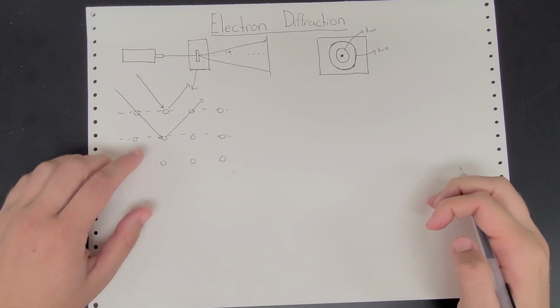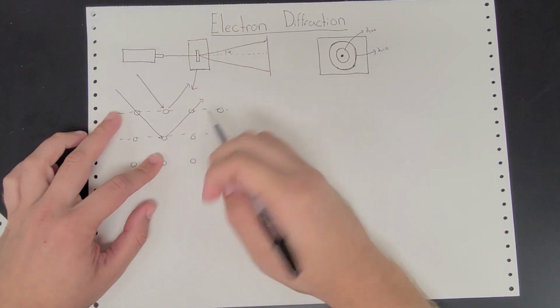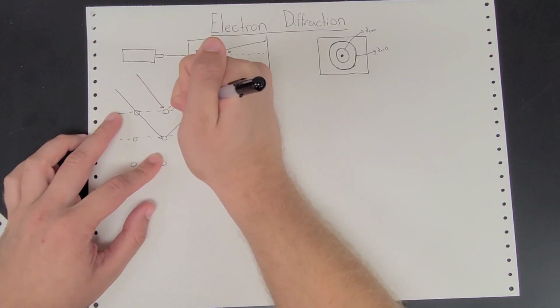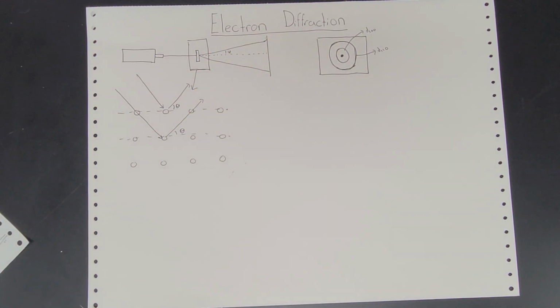These are going to be diffracted at an angle incident to whatever plane we're looking at, and that angle we call theta. Again, this should all look very familiar.